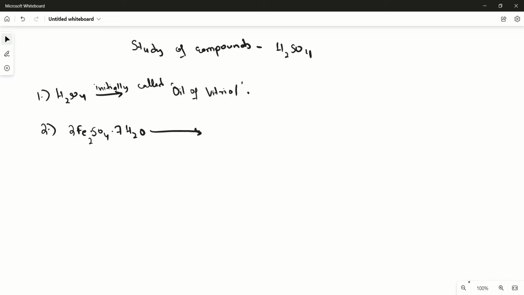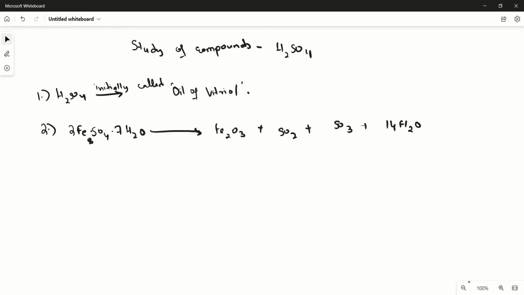I don't think 2 is there actually. FeSO4.7H2O on distillation gives Fe2O3 plus SO2 plus SO3 plus 14H2O.